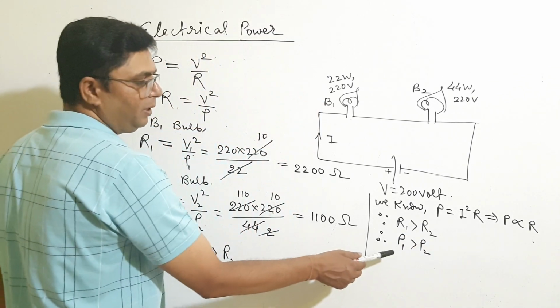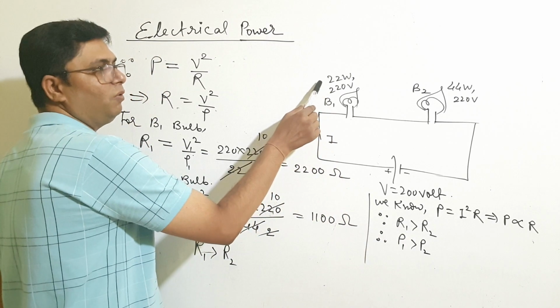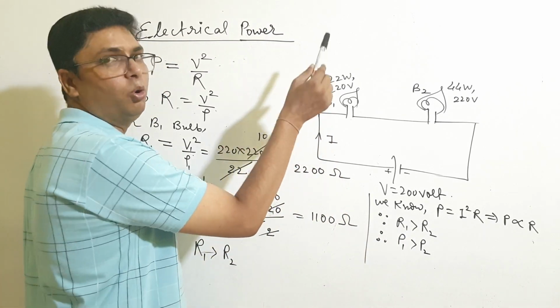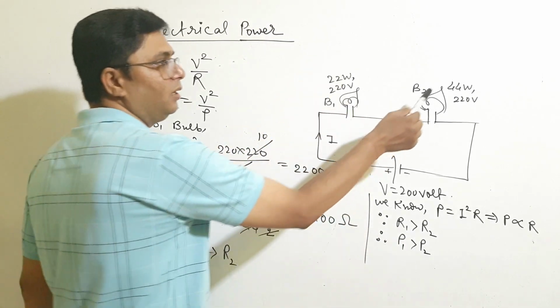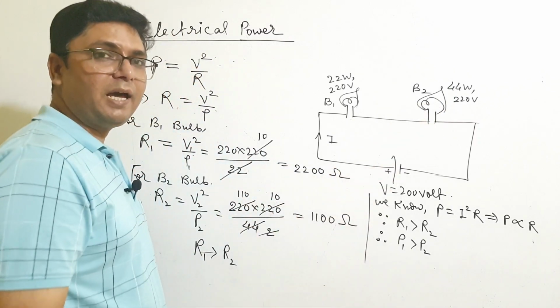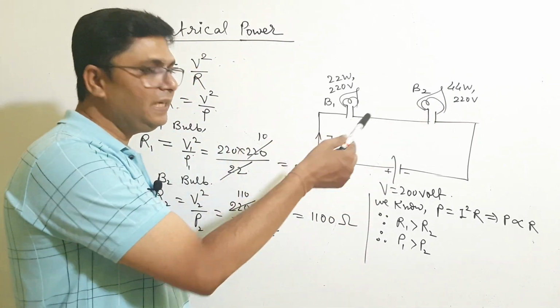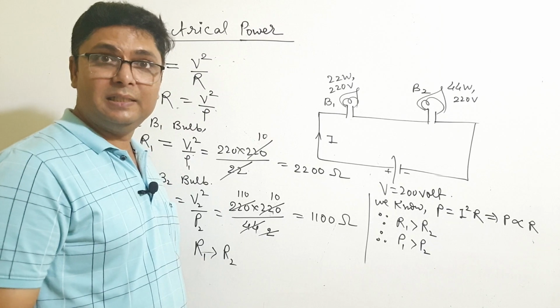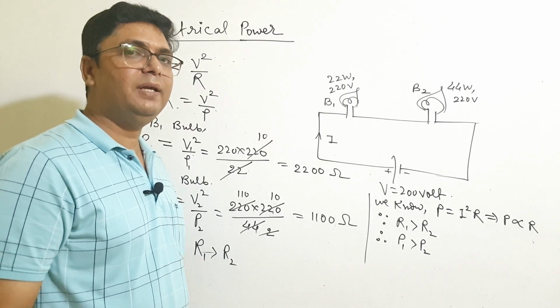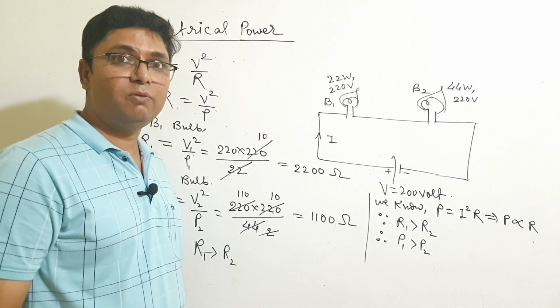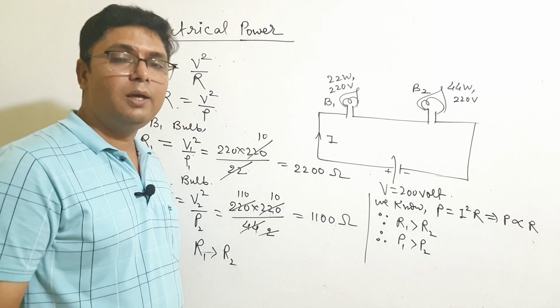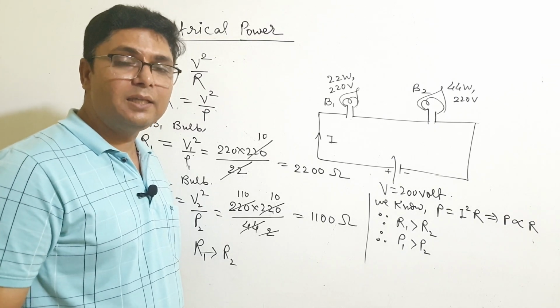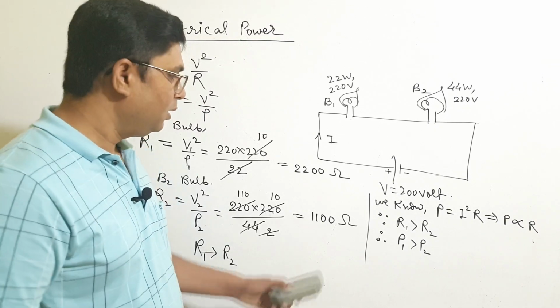This means the lower wattage bulb will glow more than the higher wattage bulb when they are connected in series. They will be brighter than the higher wattage bulb.